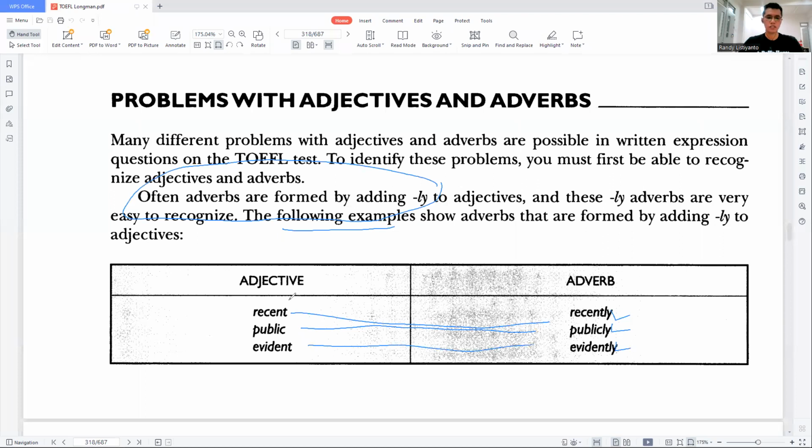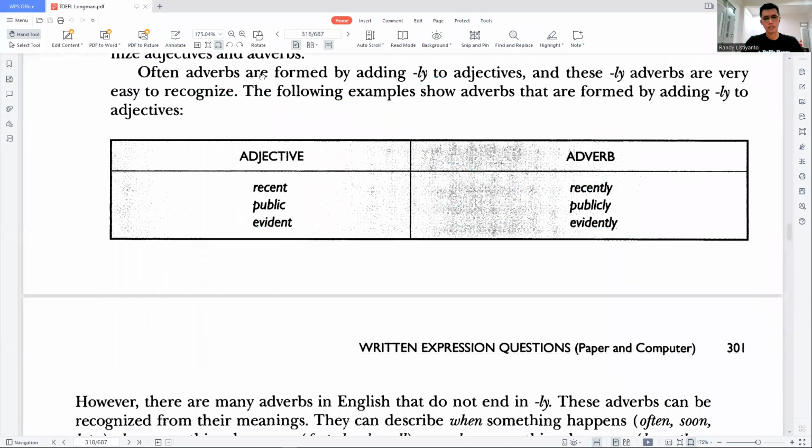So if we add ly to these adjectives, they become adverbs. Many adverbs end with ly, but not all adverbs end with ly.